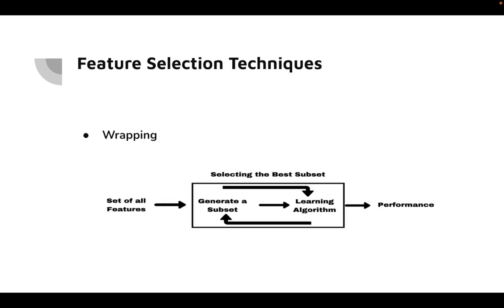Whereas in wrapping methods, we try to use a subset of features and train a model using them. Based on the inferences that we draw from the previous model, we decide to add or remove the features from your subset. The problem is essentially reduced to a search problem. So these methods are usually computationally very expensive.